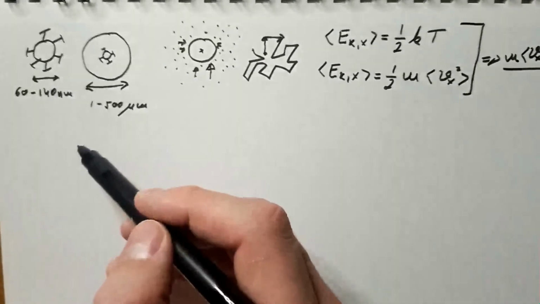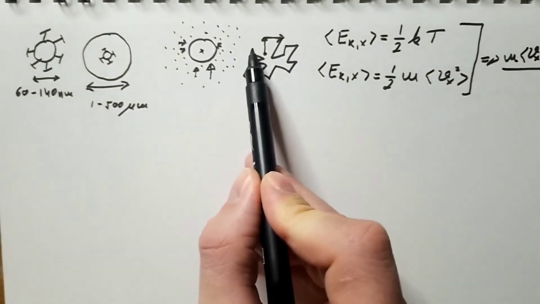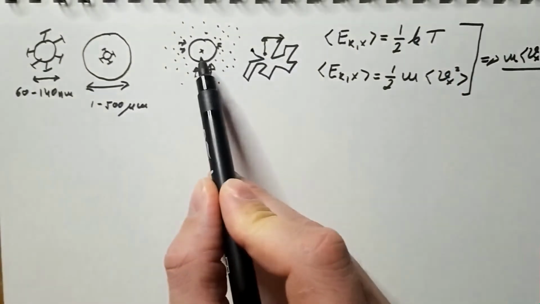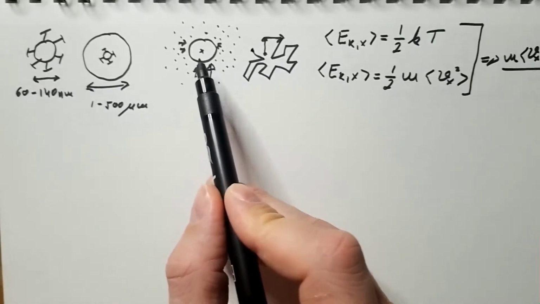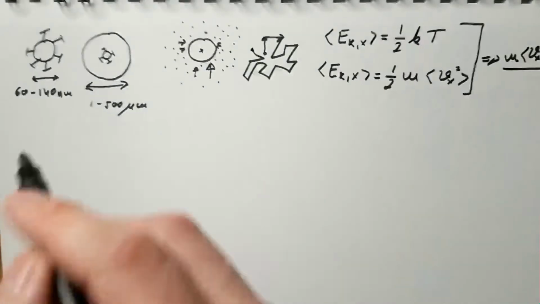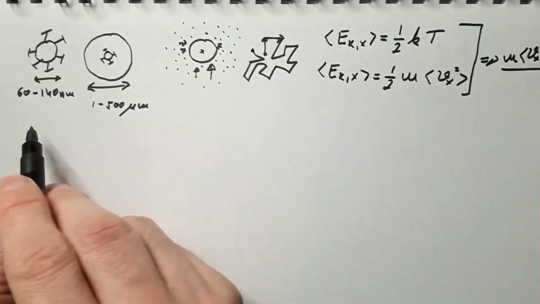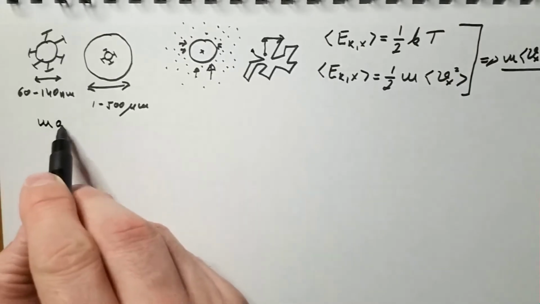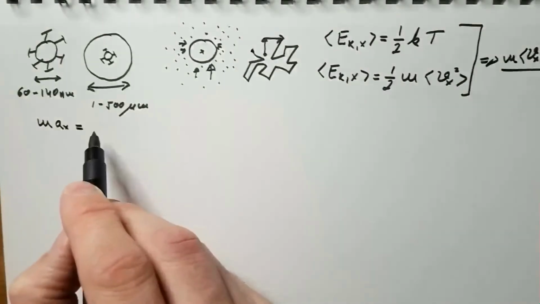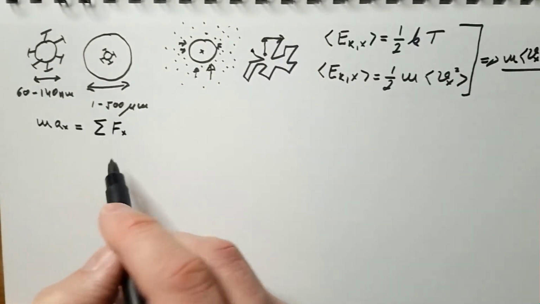Now let's construct a model that can represent this random motion of a droplet that contains COVID-19. Well, to do that I will use Newton's second law that says that mass times acceleration, for example in x direction, is the sum of all forces in the x direction.